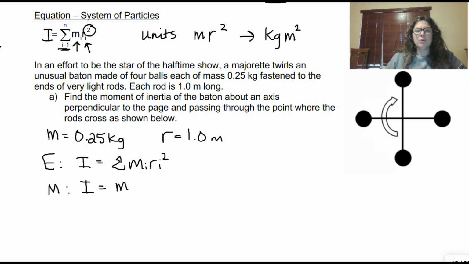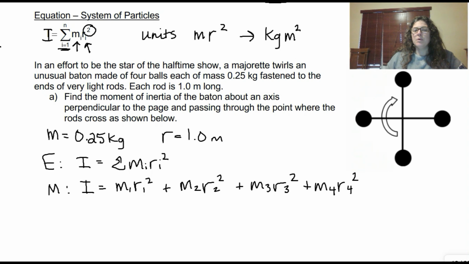Since we have 4 values, that's mass 1 R1 squared plus mass 2 R2 squared plus mass 3 R3 squared plus mass 4 R4 squared. But we also want to remember that all masses are the same and all radii are the same.